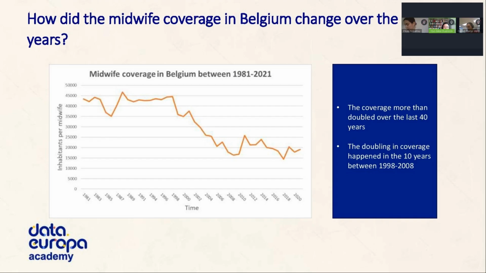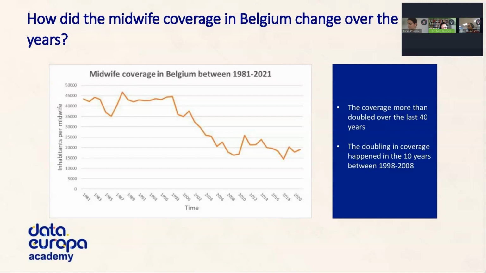So then I thought, okay, let me come up with the next question. If I compare the two, how come they are so different? If I now take Belgium, which was the top one, how did it evolve over the years, to better understand why the coverage is so high? Then we see that over the 40 years of data we have, it doubled over time, especially in the 10 years between 98 and 2008.